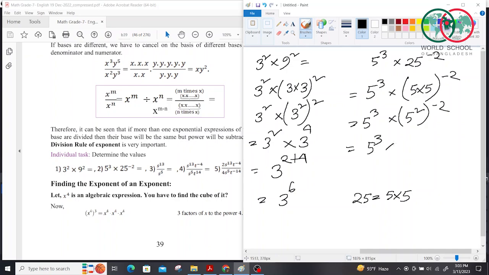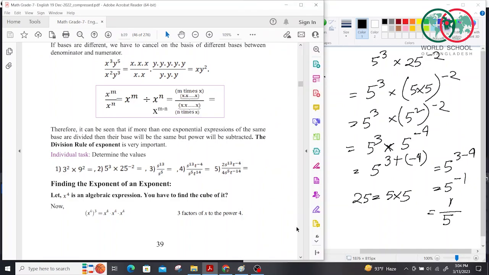So 5 cube into, as it is a power of a power, we multiply, so 2 into minus 2 becomes minus 4. Now here is multiplication, so we will add the powers, 3 plus minus 4, it becomes 5 to the power 3 minus 4, or 5 to the power minus 1. And we know when there is minus 1, we can write it as 1 divided by 5.